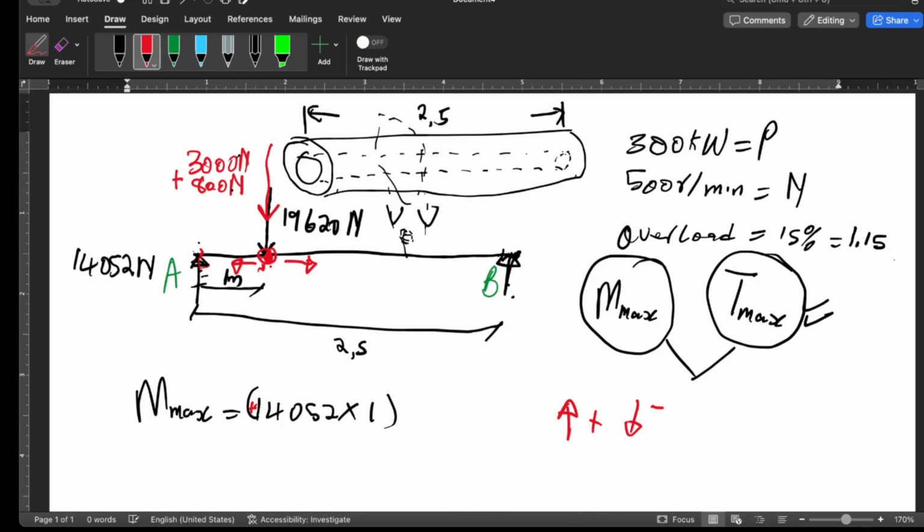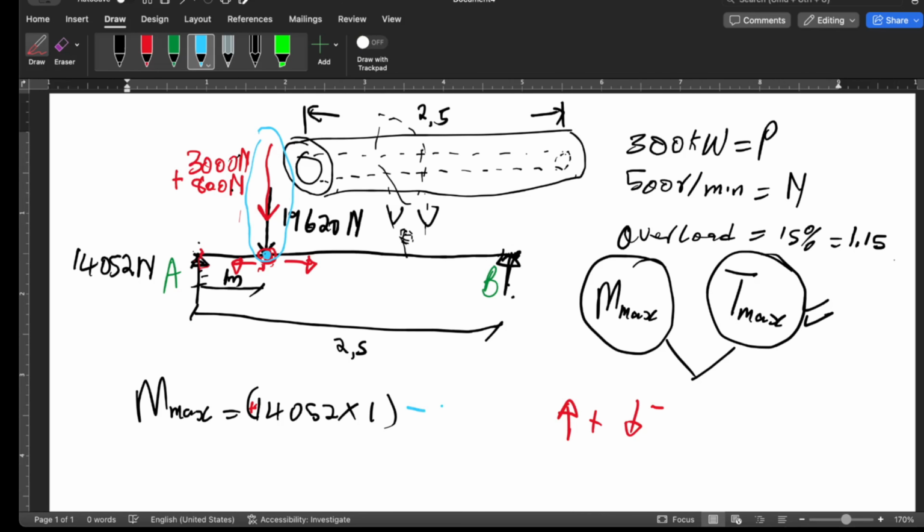Do we have any other force? This one? Yes, you're right. We are also having this force here. And we are taking bending moment here, right? So it will be this force which you said was 20 something, and this force is going down, right? It will be minus what?